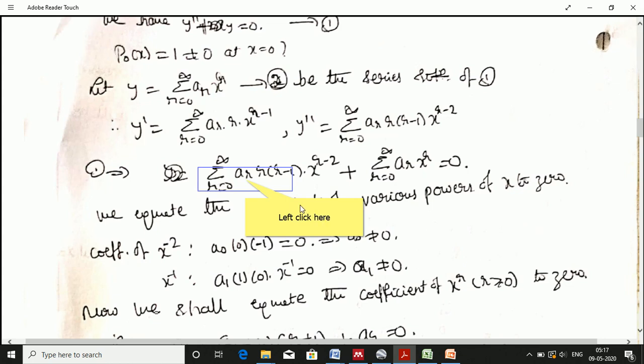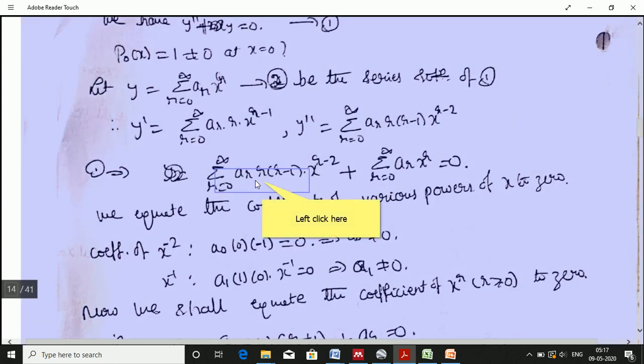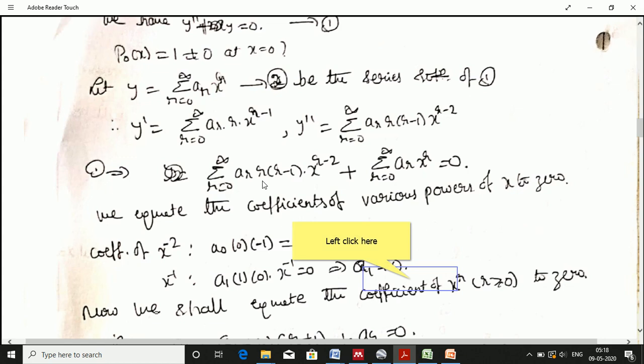Now, if I substitute r equal to 1 in the first term, a1 into 1 into 1 minus 1, which is 0, into x to the power of 1 minus 2, which is x power minus 1. X power minus 1 is still smaller than the power 0. Hence, equate its coefficient to 0.